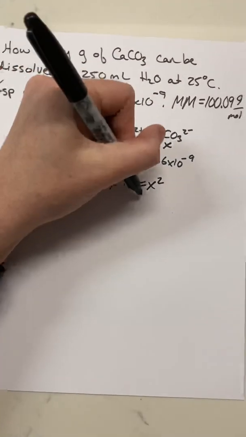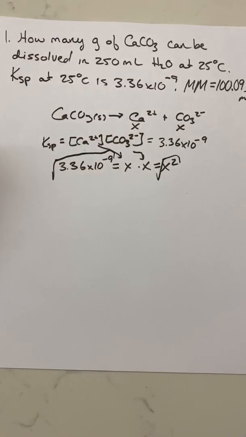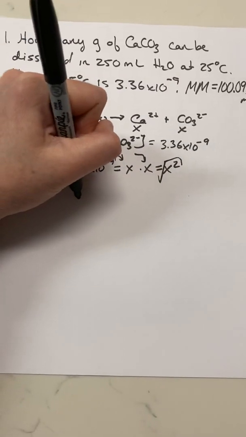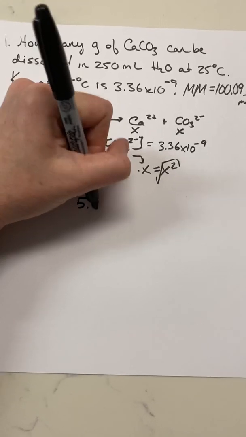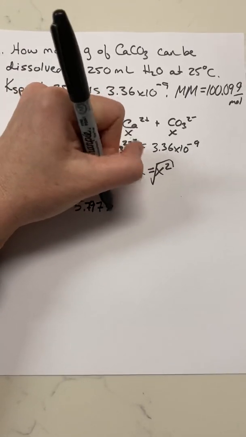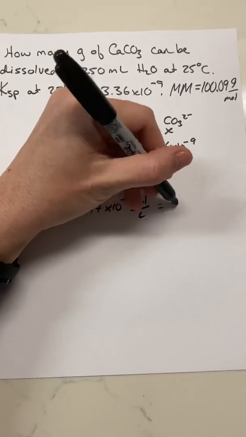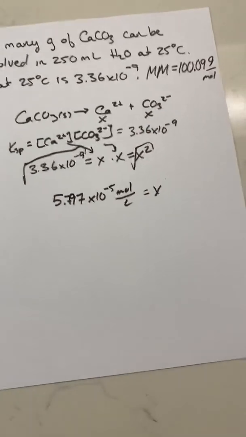Then we can solve for x by simply taking the square root. And that would give us 5.797 times 10 to the negative 5 mole per liter is equal to x.